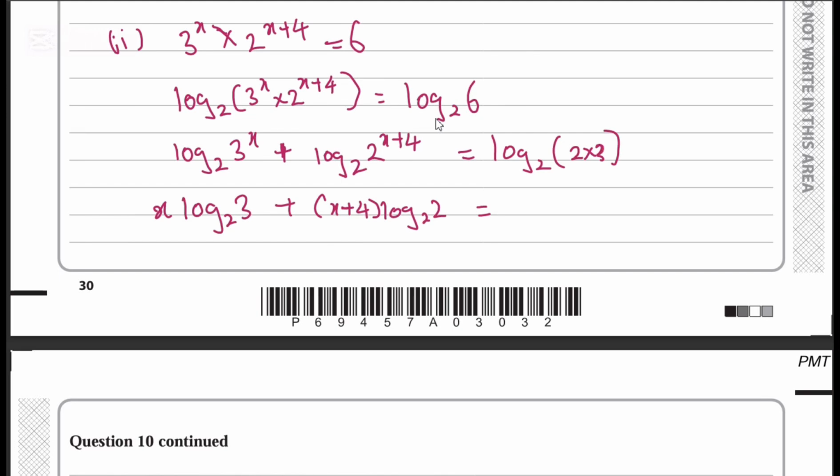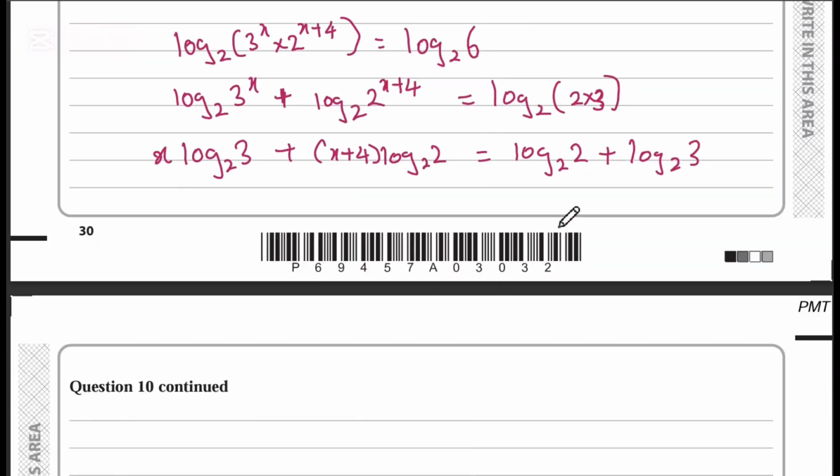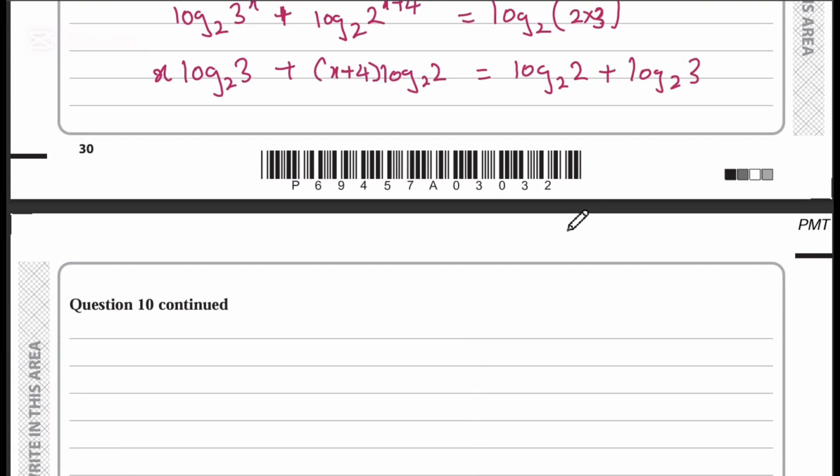Now I have log to the base 2 of 2 times 3. I can write it as log to the base 2 of 2 plus log to the base 2 of 3. Now simplifying this, log to the base 2 of 3 is a, so I'd have that as xa.